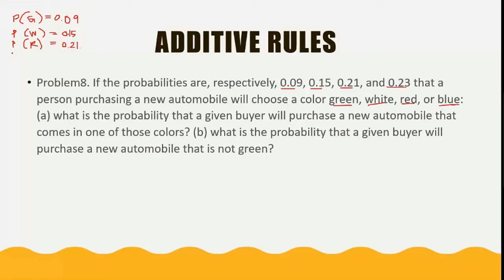And selecting a blue automobile is 0.23. If we sum them up, the result is not actually equal to 1. This would mean that there is a probability that the person would not buy or would select other colors.